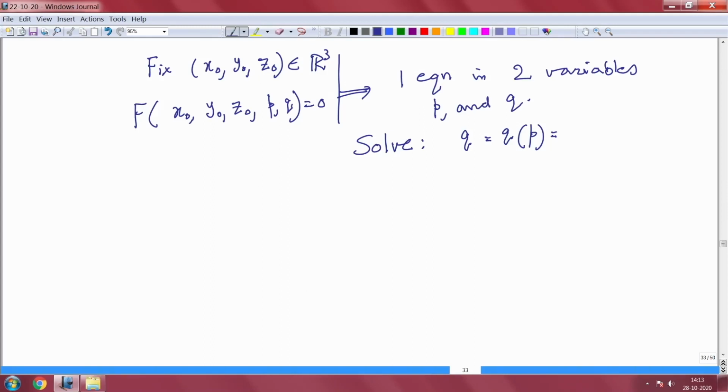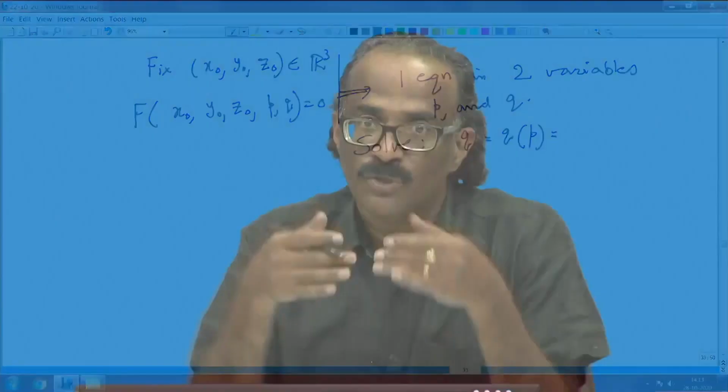In fact, assuming that you can solve it uniquely need not be correct all the time. But since we are trying to understand the geometry, assume that there exists a unique solution for q. So, for every p there is a q, by solving this algebraic equation.